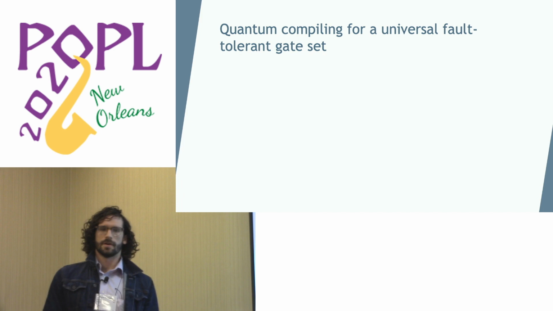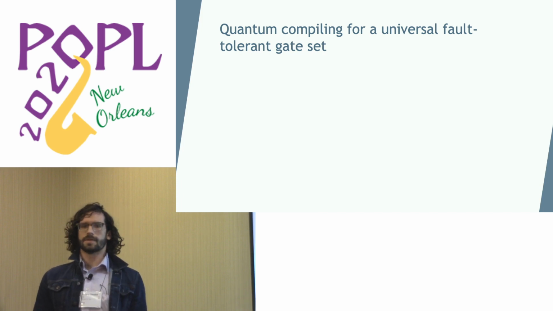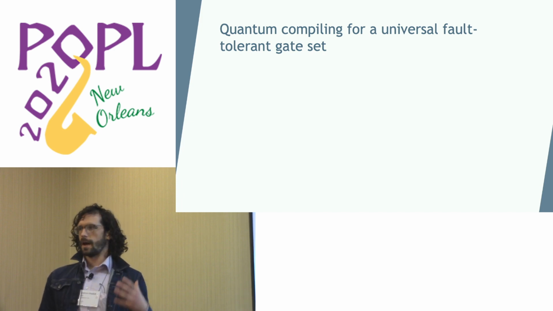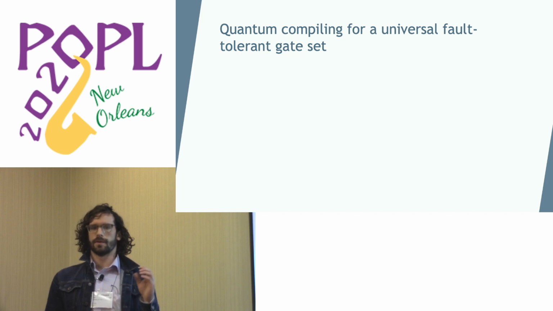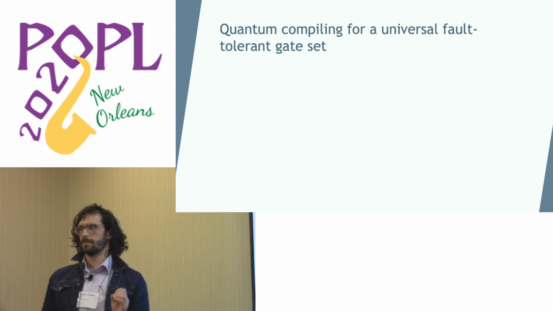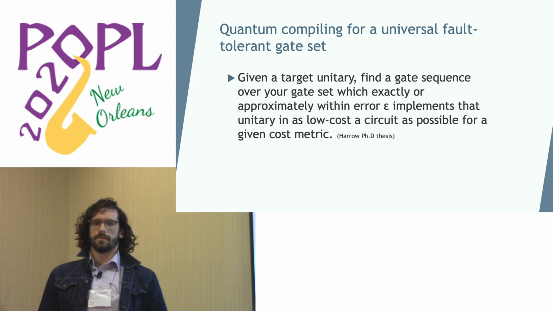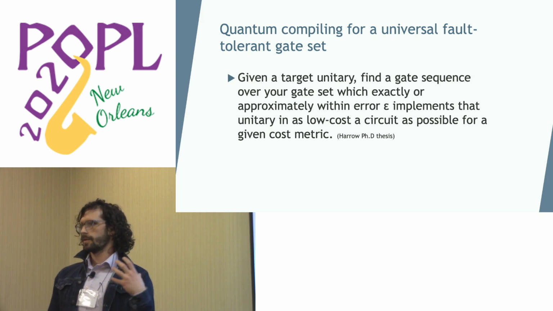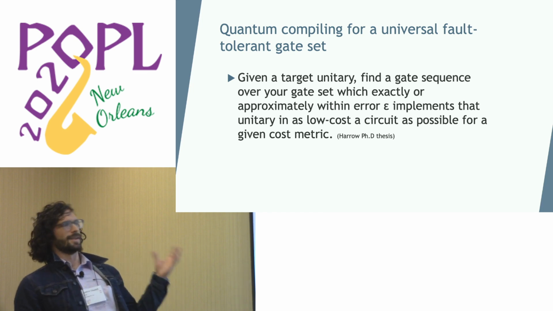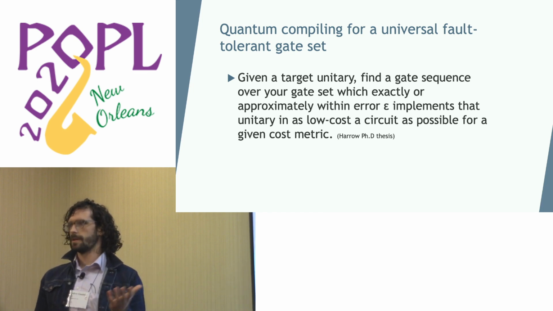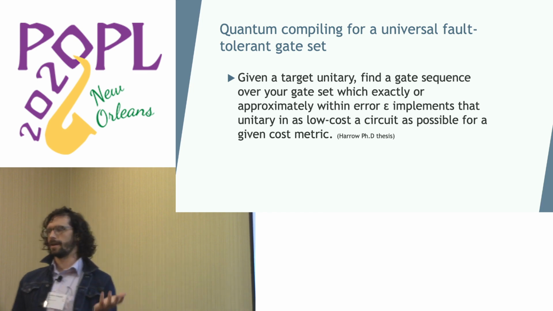Okay, so you've been hearing a lot today about quantum compiling, and I'm going to speak to you about quantum compiling within the framework of universal fault-tolerant quantum computation. And so in order to do that, I'll give my spin on the problem statement, if you will, which is condensed from a variety of sources.